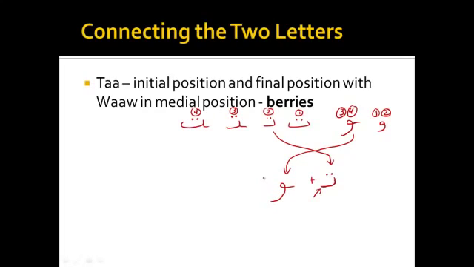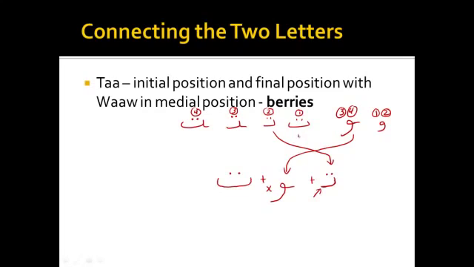So we're actually going to bring this one over here, and it's going to look like this. Okay, and then we want to add another ta, because we say toot. We hear that ta at the end. However, the wow doesn't connect to what comes after it. So we have to write the ta in the independent position, because it can't connect to what comes before it, and because it's at the end of the word, it doesn't connect to anything after it.